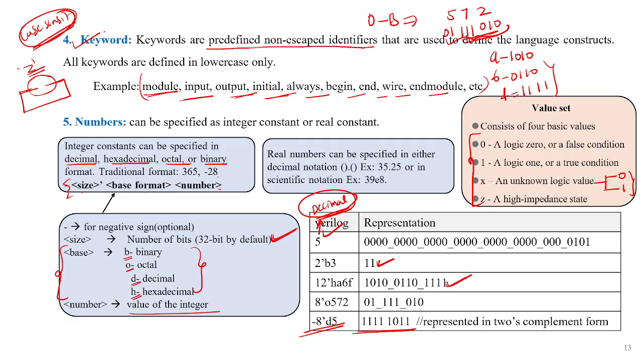I'm expecting the answer from those I taught digital. When we discussed negative number representation, there were three representations. I'm expecting the answer from them. There I told. Anyone?